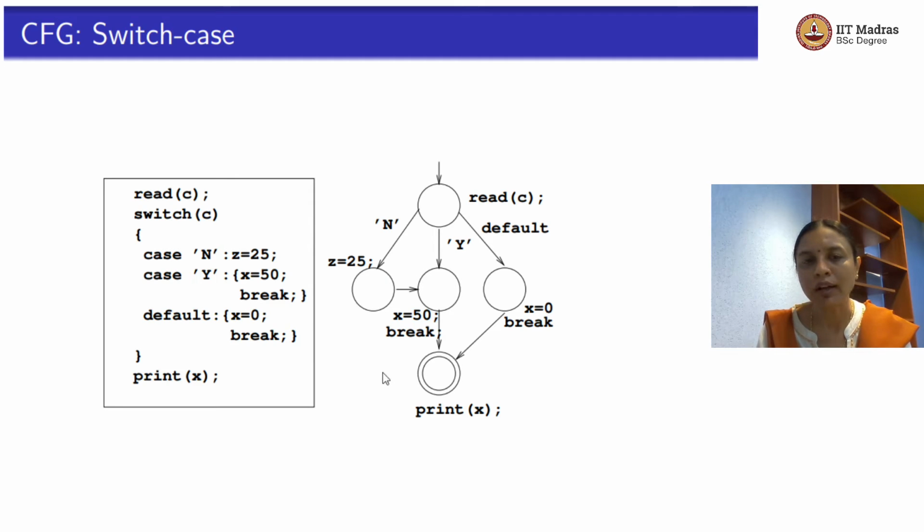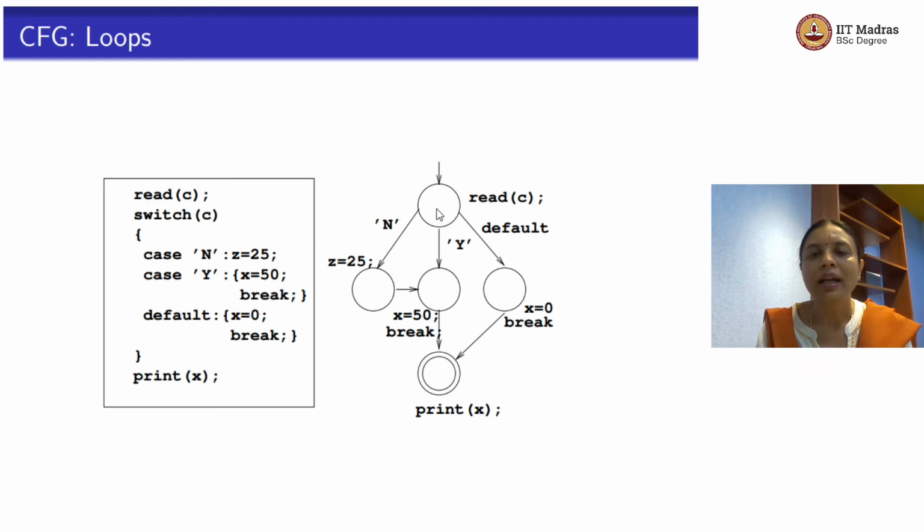So the control flow graph for this fragment of code is given on the right. This topmost node, the initial node, represents one basic block that does both the reading of the character C and the switch case statement based on C. And there are three branches that go for the three cases that we have: case N when C is N, case Y when C is Y, or the case default.